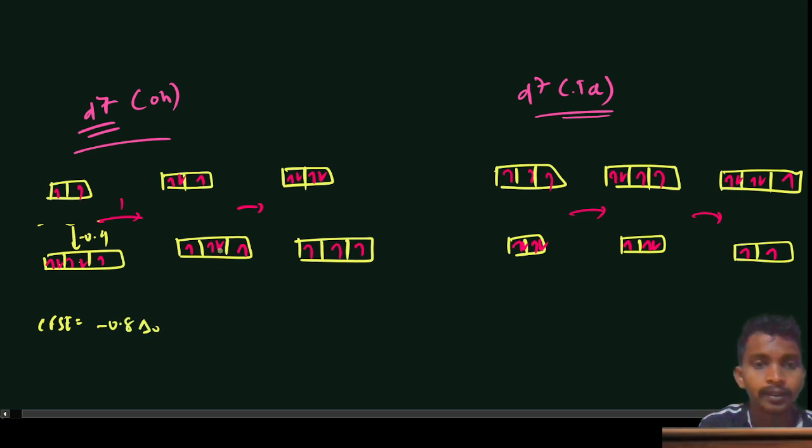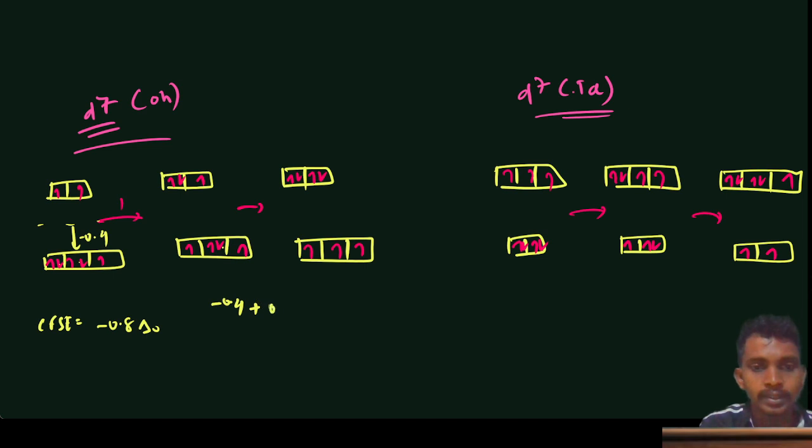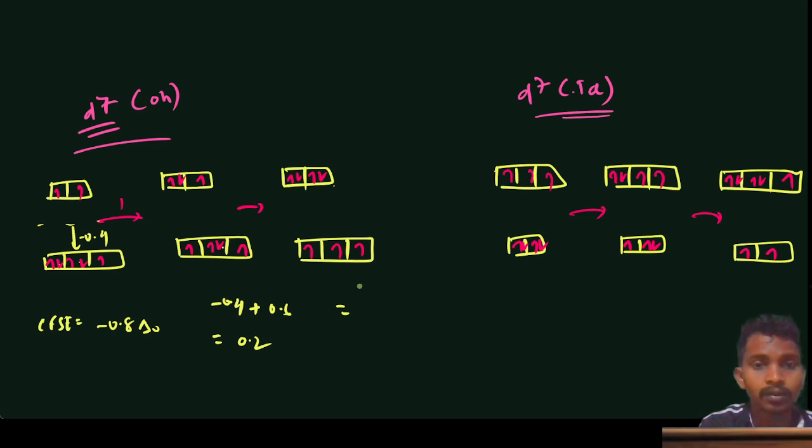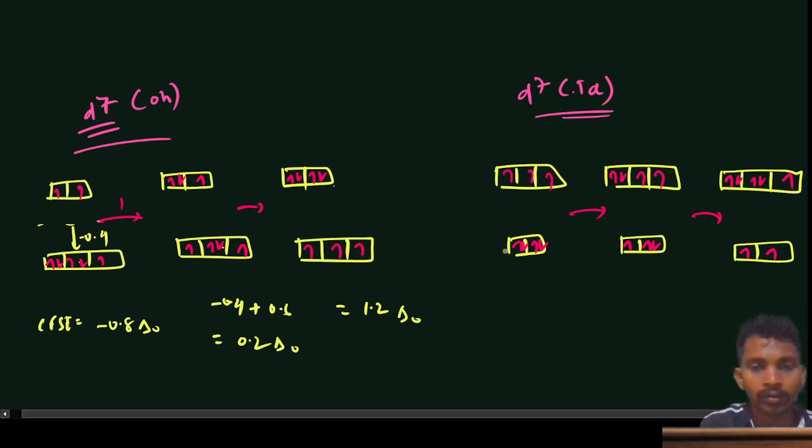For this case 1 is there, that is minus 0.4 plus this is 1, that is 0.6, that is going to be 0.2, and here these are not there, here 2 are there, so these are positive, 1.2 delta naught. Okay, this is the CFSE.